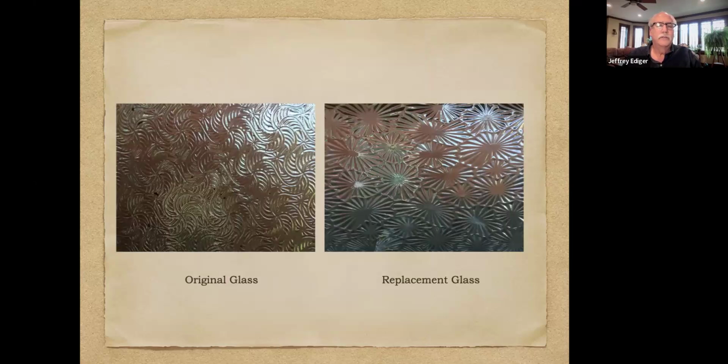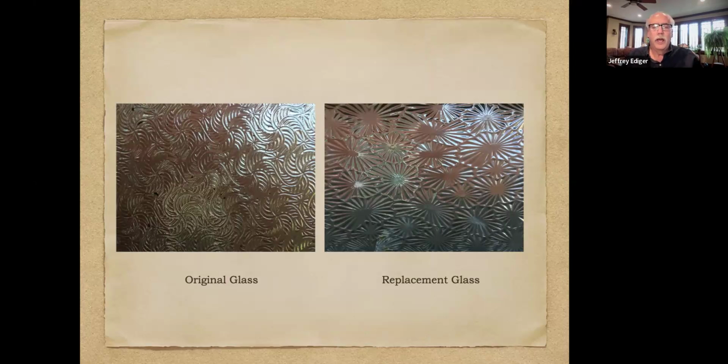Now, some of you might recognize this. I have this glass on the left in my bathroom, and many of you may have it as well, because 100 years ago, this was the standard kind of decorative privacy glass that was used.